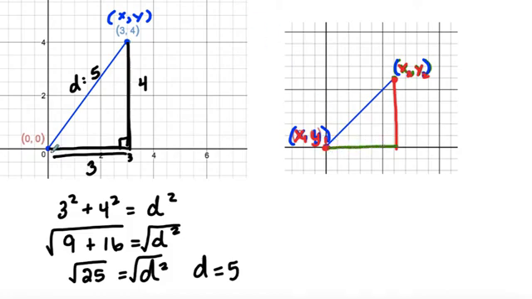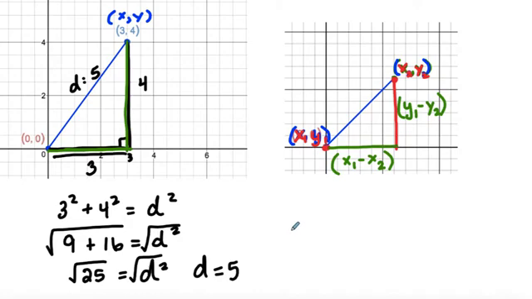Well then, what did we do to get this length of 3? Well, we did 3 minus 0. So that we would have to do, in this case, x1 minus x2. And then to find the distance from here to here, we did 4 minus 0. So we're going to do y1 minus y2.